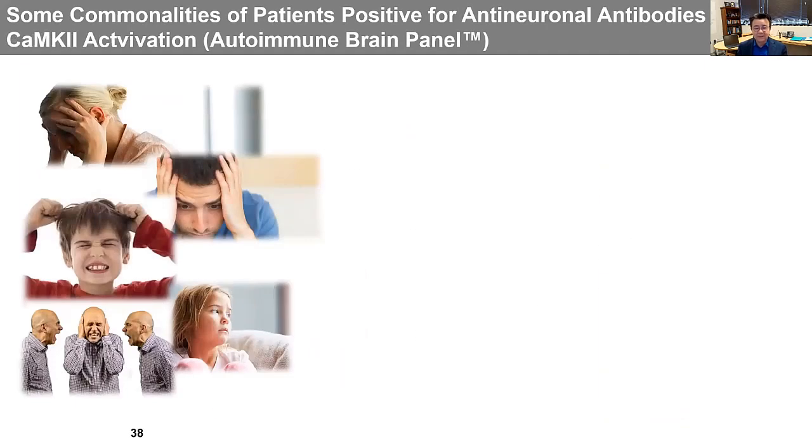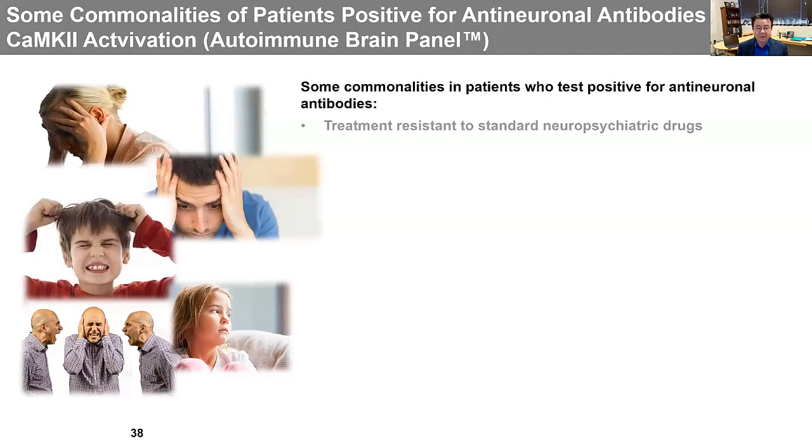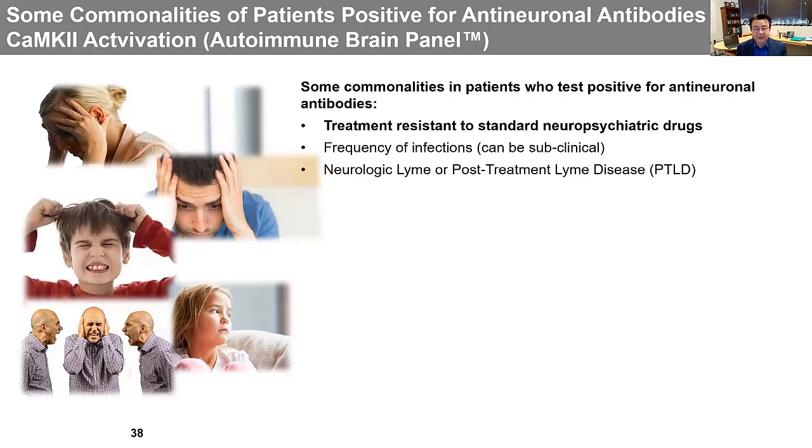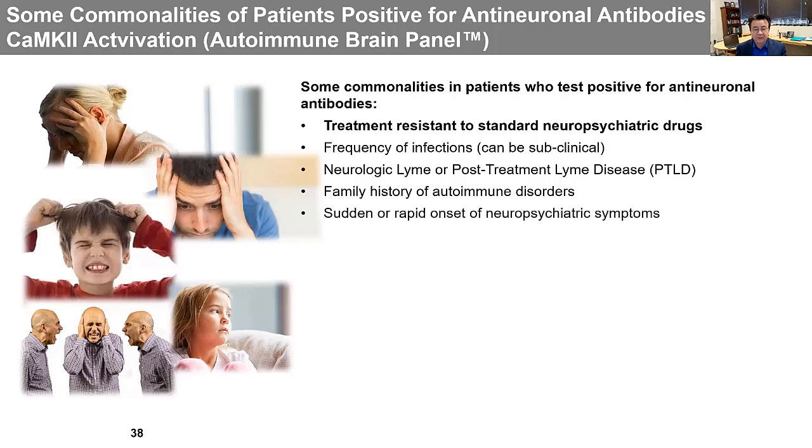So what are the common symptoms? What do we see commonly when patients are positive in the autoimmune brain panel? Well, generally we see that there's some treatment resistance to standard neuropsychiatric drugs, which is one tip-off. The other is they may have frequent infections. Sometimes this can be subclinical, and they could be diagnosed with post-treatment Lyme or PANDAS and PANS. Family history of autoimmune disorders is one condition we see often.